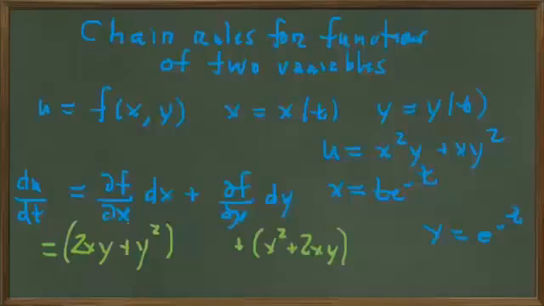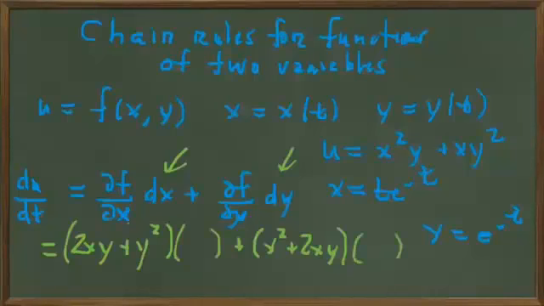Now we need to go back and find dx and dy, and we're going to put those here and here. So dx is the derivative with respect to t, product rule here, so it's minus t e to the minus t plus e to the minus t.